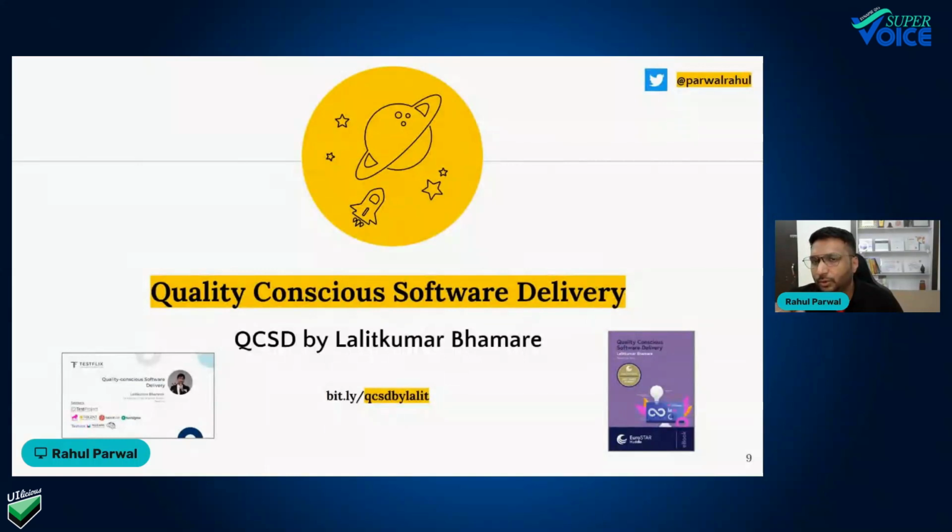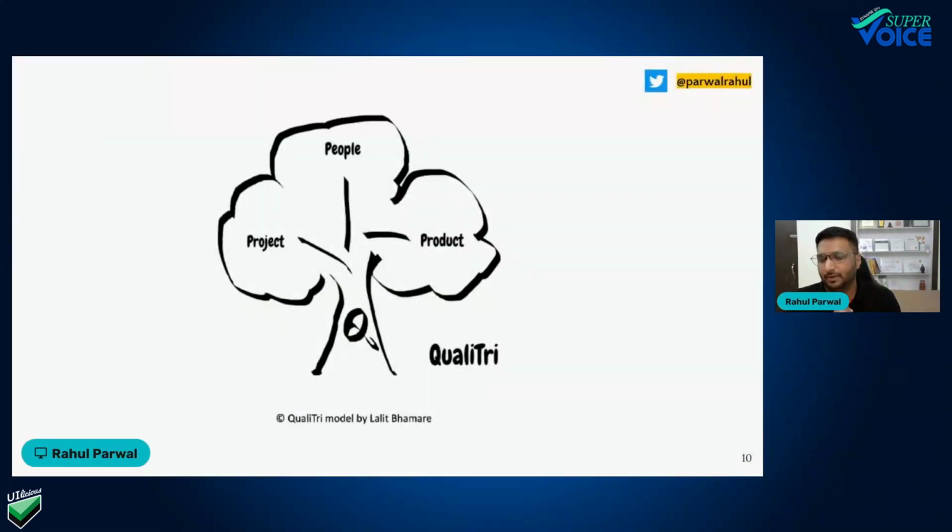Now, coming to the notion of quality, we were discussing that quality is not just one thing. Quality is some interaction of people, product, and project. And I like this analogy given by Lalit, the quality tree model, which talks about three important notions. First, the project notion. Second, the people notion, the people who are building the product. And third is the product notion.